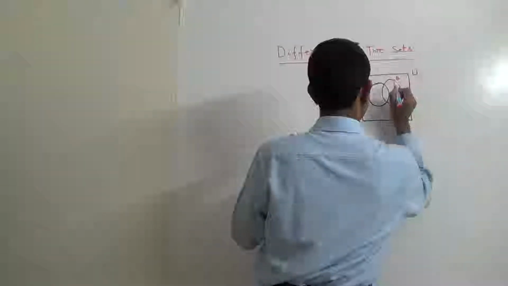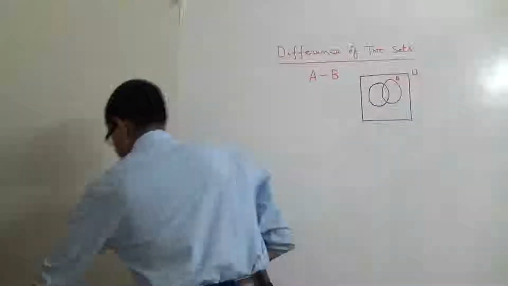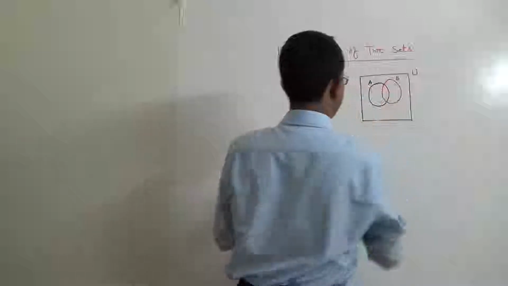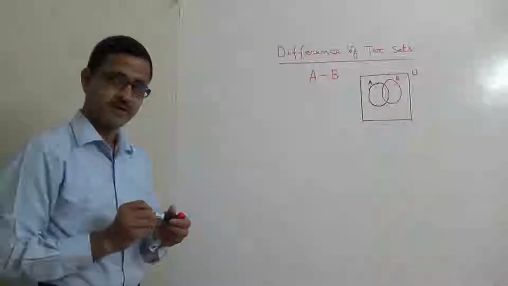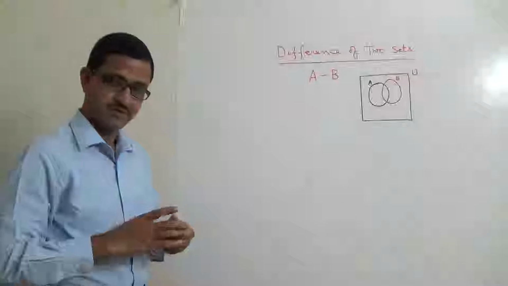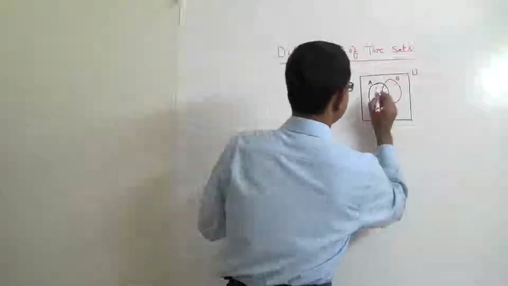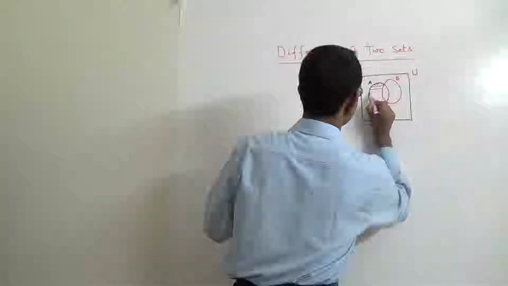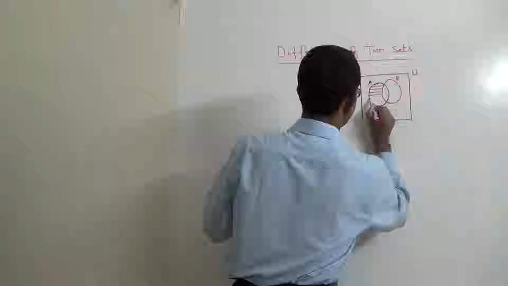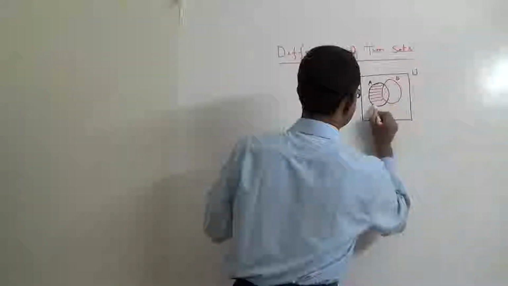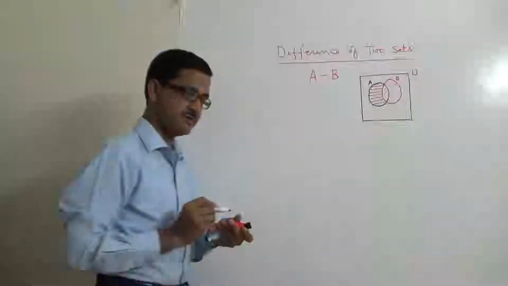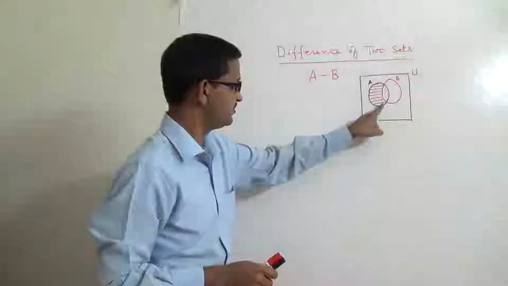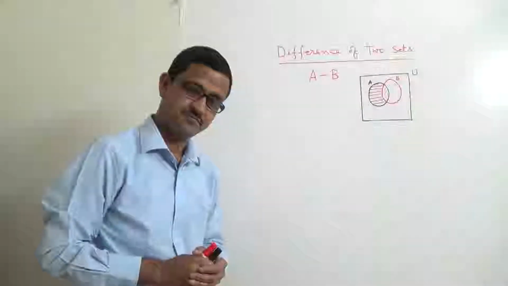Now A minus B is the elements of A which are not present in B. That means this is the portion, which I am marking with red lines. So this is the set represented by A minus B.